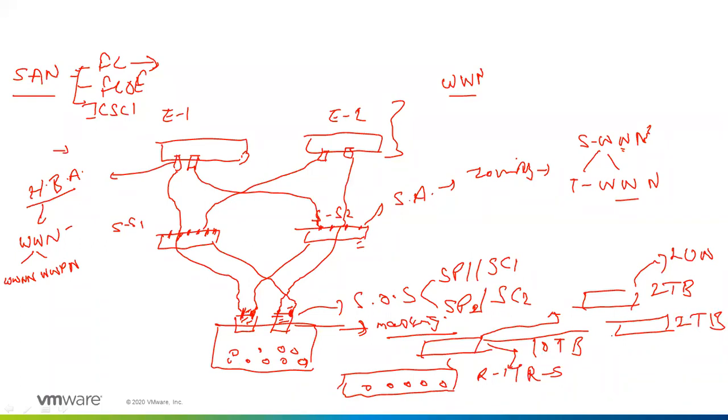All right. So being a vSphere administrator, you will say to the storage administrator, hey mister, I want 2 LUNs with 2 TB size on all my ESXi hosts, for which I have shared the WWN number details with you.